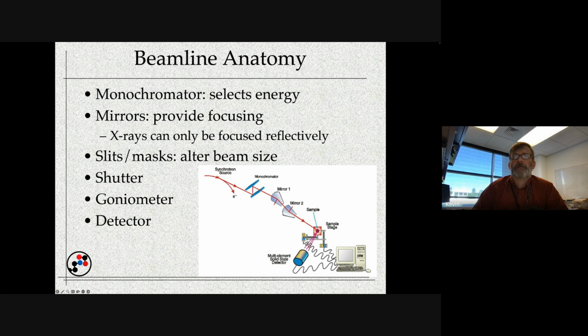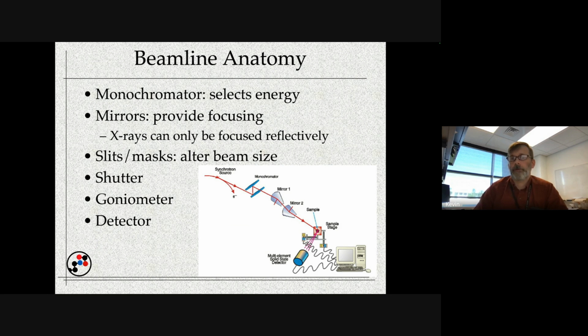There'll be a series of slits and masks that will alter the beam size, and then you'll have a shutter that will control the X-rays onto your sample, a goniometer or some kind of sample mount or sample stage, depending on what you're trying to do, and then a detector to record the results of the diffraction experiment.